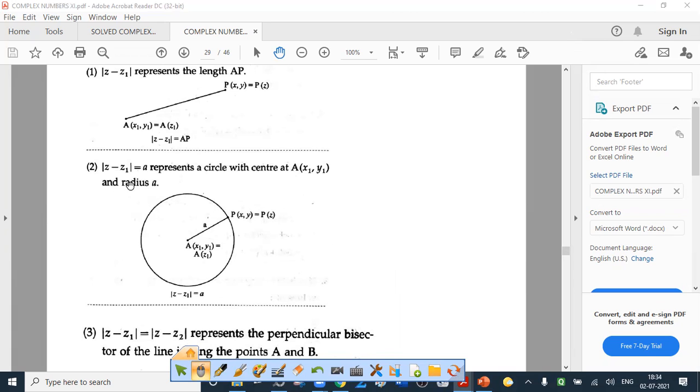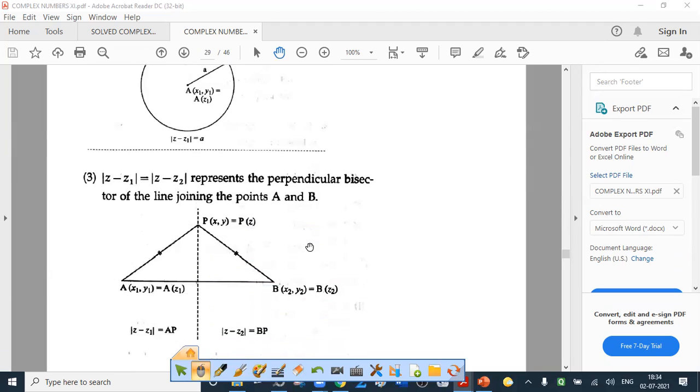See, for different points P, rather as P moves in such a way that its distance from A is always fixed, this describes or represents a circle. Or you may say this equation, mod of z minus z1 equal to a, represents a circle.